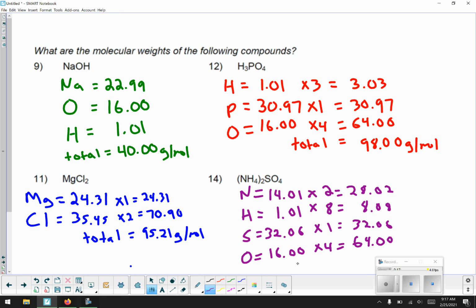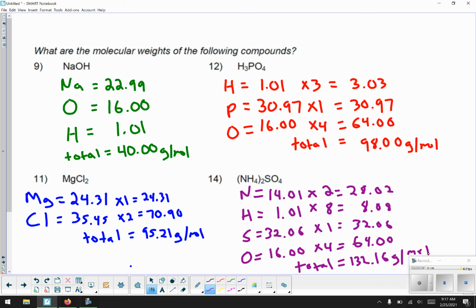And then these all total to 132.16. And again, we get grams per mole. So, yeah, it's big. It's kind of a pain to do, but it's just adding. So, if you're careful, you just add all that stuff up. You look up the weights, add it all up. Look up the molar mass, add everything together. That's how you get the molar mass.